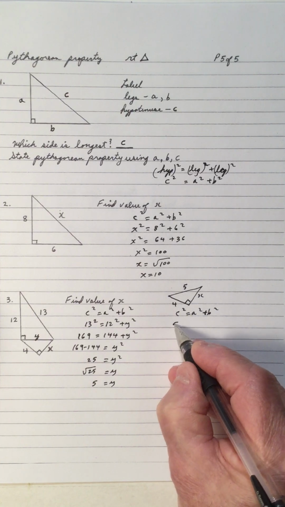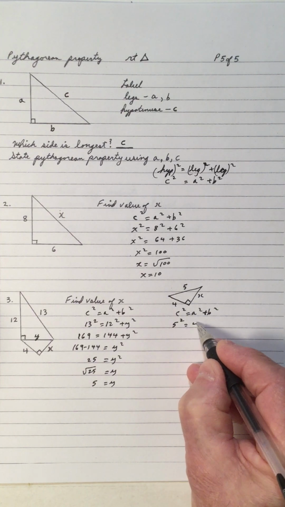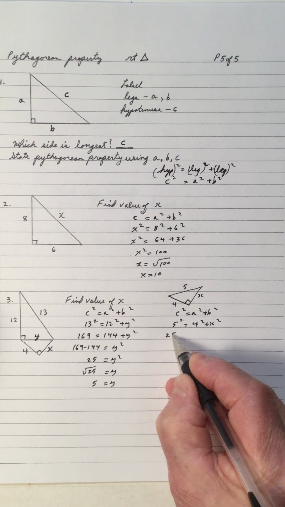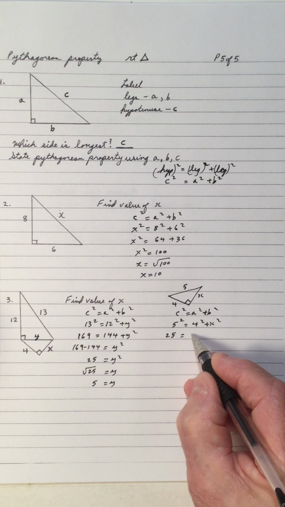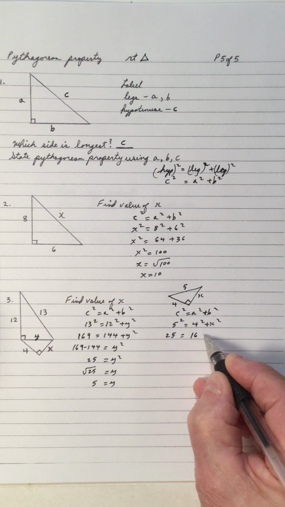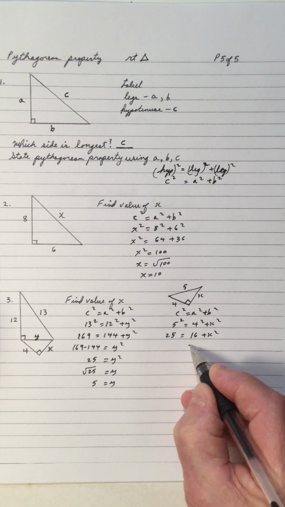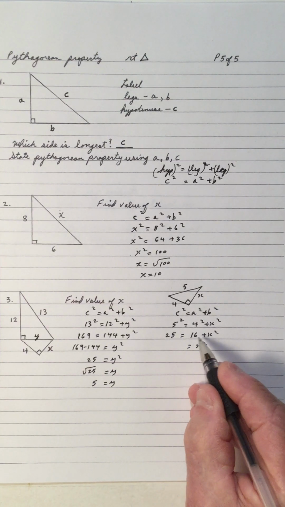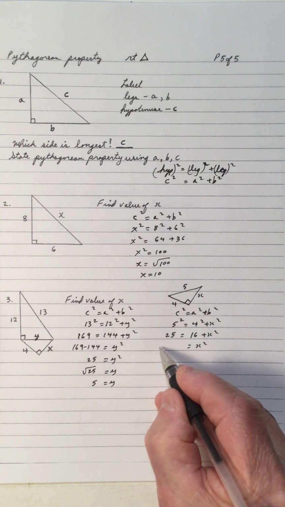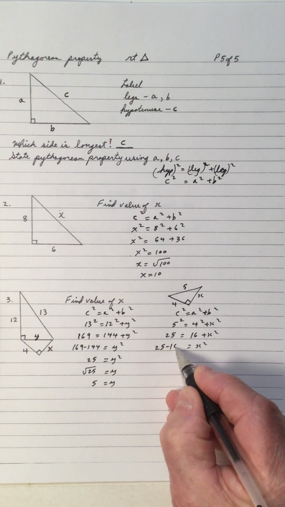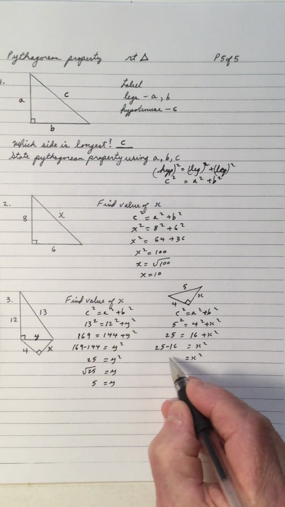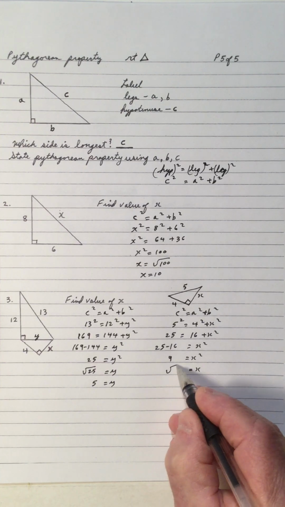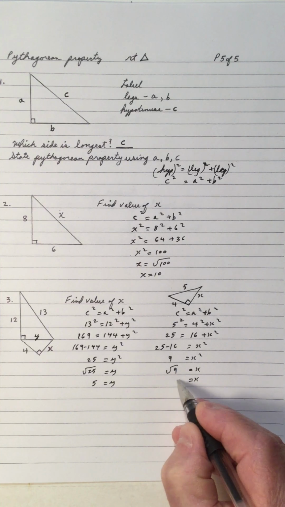C is the hypotenuse, so 5 squared is 4 squared plus x squared. 5 squared is 25, and 4 squared is 16. So 16 plus what number is 25? 25 minus 16 gives you 9. And x is the square root of 9, so x is equal to 3.